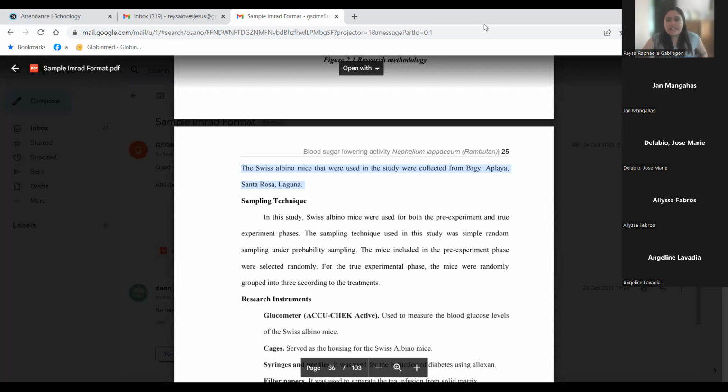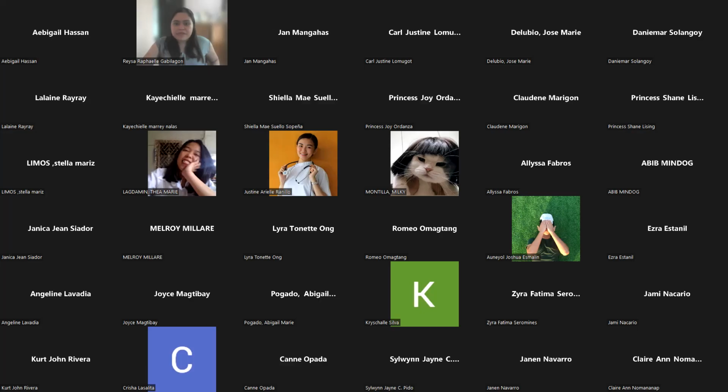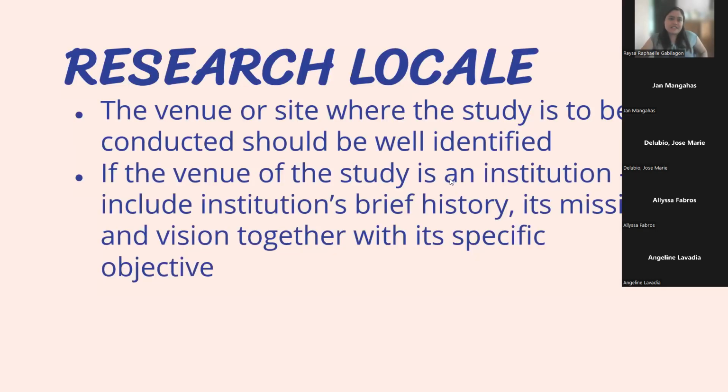Okay? Unlike in a descriptive study where it is just one place, like Gensan. So you'll just provide a description of Gensan or of one barangay. So again, that is called the research local that will be placed after the research design.